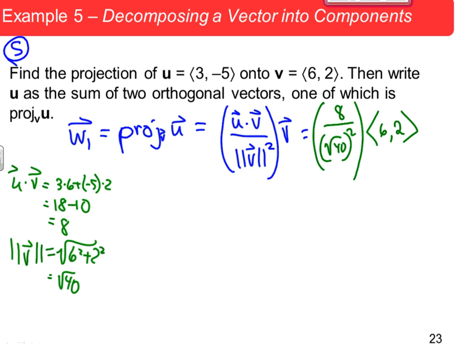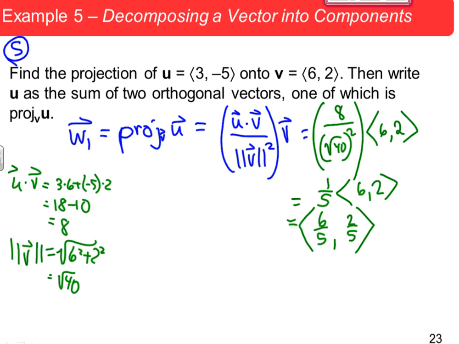And so that's 8 over 40, and what's 8 over 40? 1/5. So it's 1/5 times (6, 2), and that's (6/5, 2/5). So that's the first part of our answer, finding the projection of U onto V.